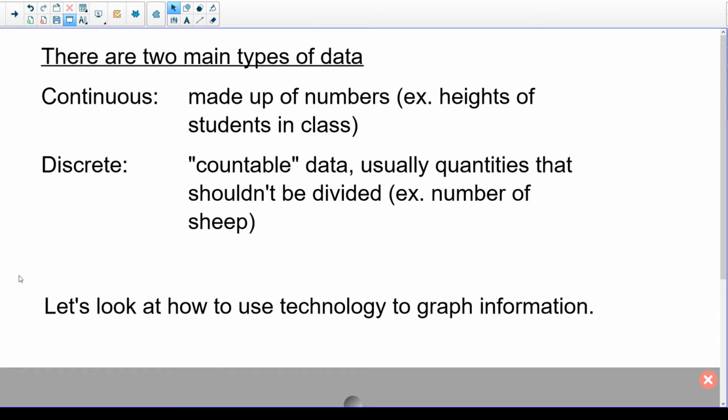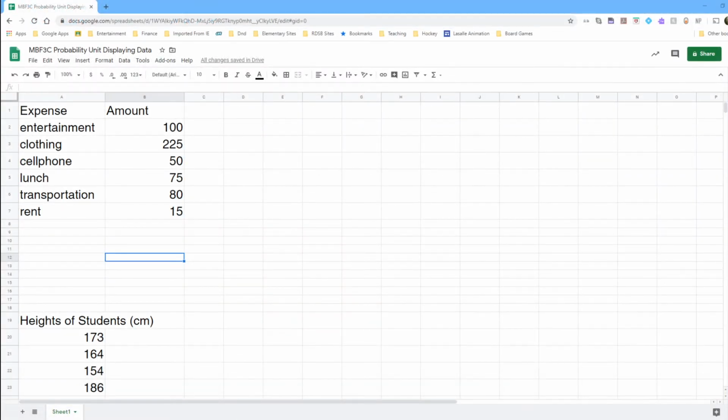So what I'd like to do is actually show you how you could graph information using technology. So we're going to go over to the spreadsheet. Spreadsheets are fantastic for helping us organize information, but they can actually help us to graph things as well.